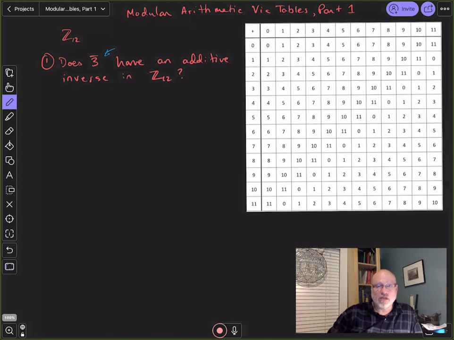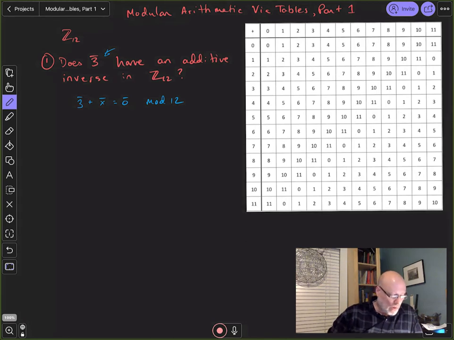In other words, by adding a number and its additive inverse together, we get what's called the additive identity. And 0 is the additive identity in this case. So we could write this as an equation, where we would put the congruence class 3 plus the congruence class of whatever x is equals 0, and this is all in mod 12.